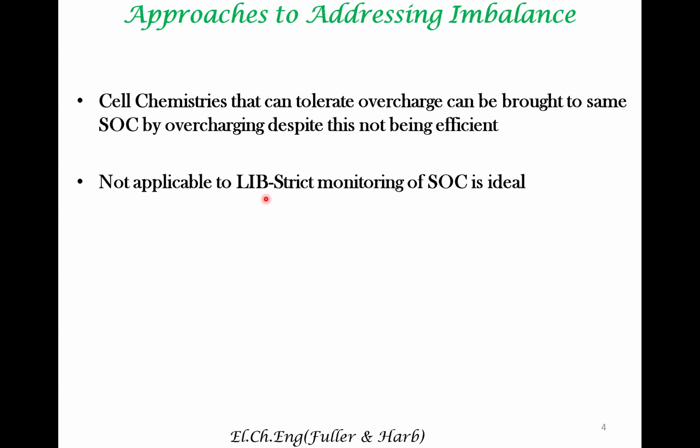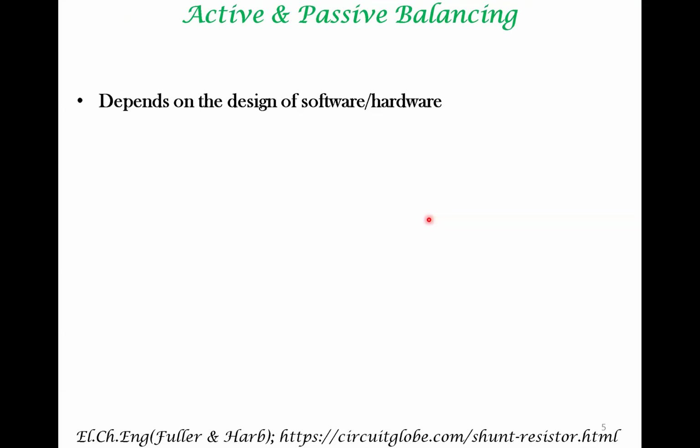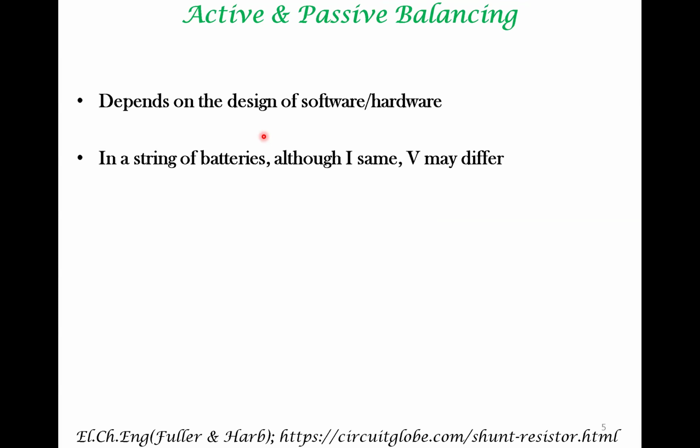So in the case of lithium ion battery, a strict monitoring of state of charge is ideal to prevent cell imbalance. So, again, you can classify the cell balancing strategies into two categories. One is called active balancing, another is passive balancing. So all these things depend upon hardware and software design that goes into the BMS.